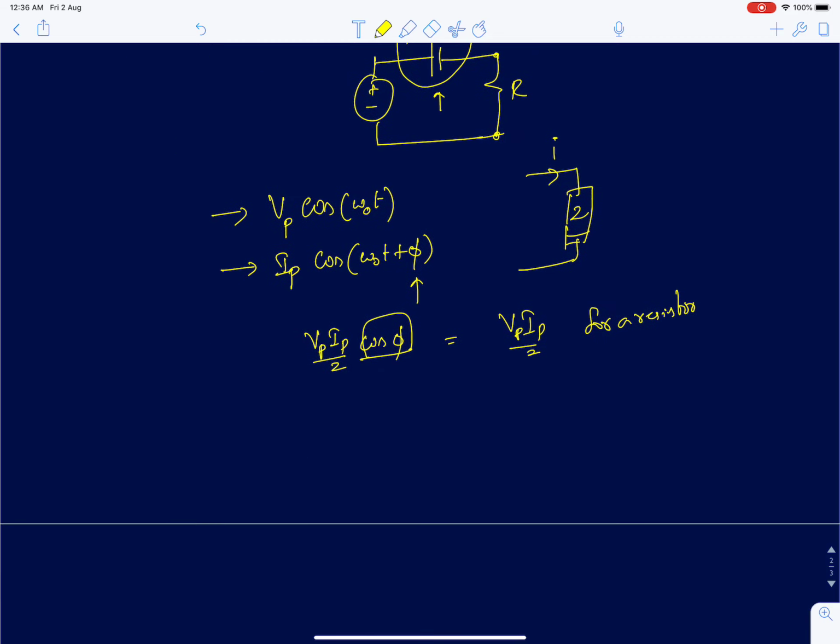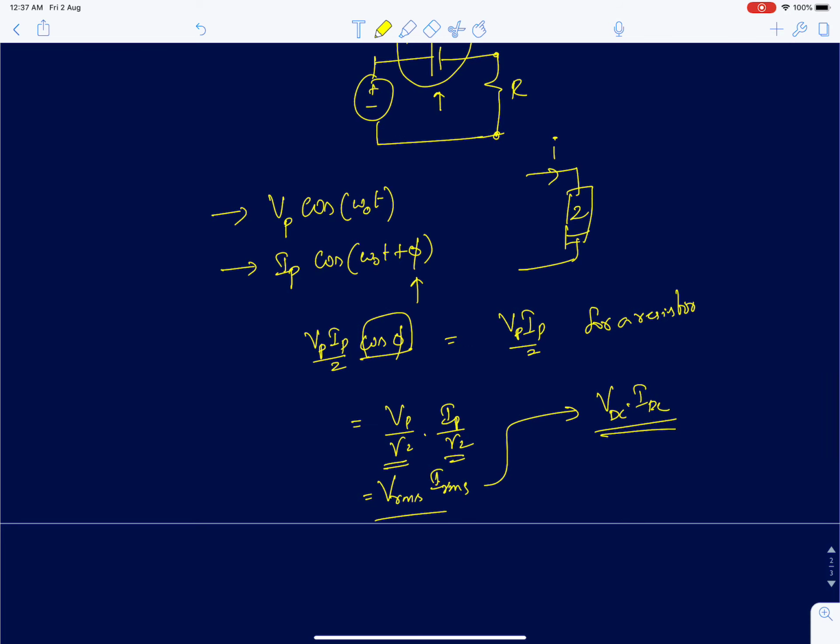We can also define this as Vp by root 2 and Ip by root 2, and these terms are called Vrms, the RMS voltage, and Irms. We can compare this to a DC input, where we have VDC into IDC.